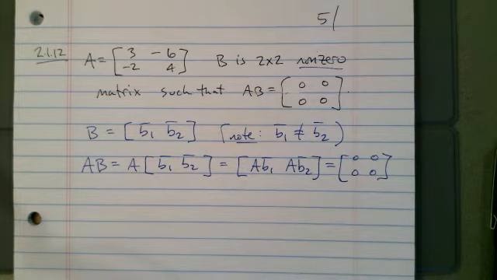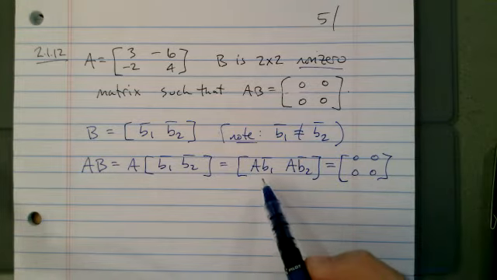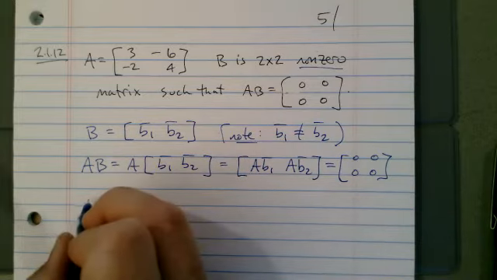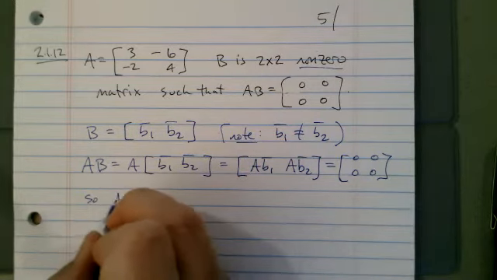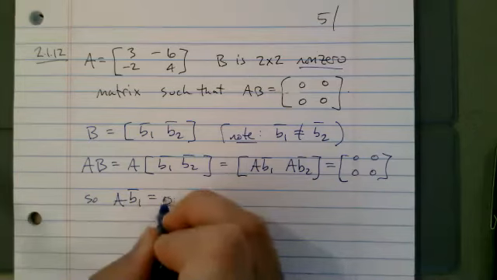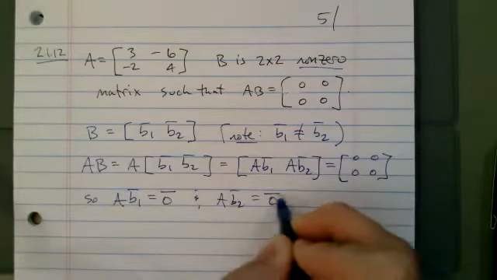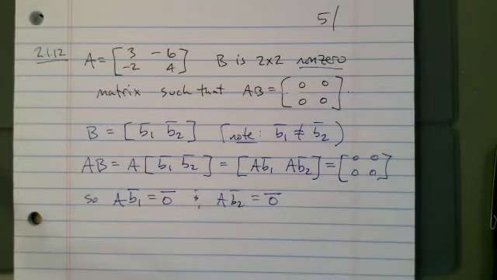So look at what this tells us. The first column, A times B1, has to equal 0, 0. So A times B1 equals the 0 vector, and A times B2 is equal to the 0 vector. Let's think about what this means. I want a solution to this homogeneous equation, and I want a non-zero solution.